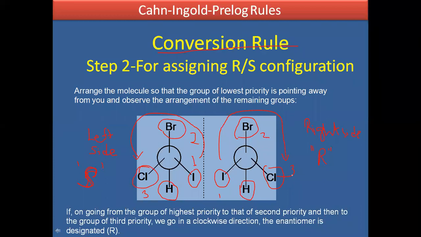Depending on priority, first the sequence rule, with the help of the sequence rule, we assign the priority. Once assigned, rearrange the structure, keeping the lowest priority group far away from your side, and the remaining groups present on the asymmetric center, we have to arrange properly.